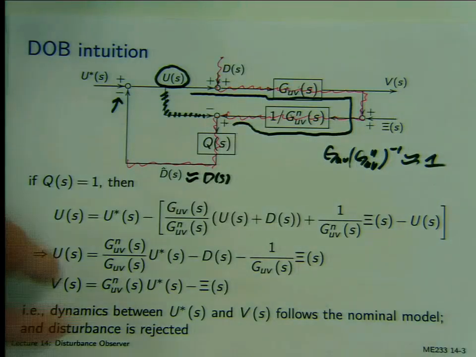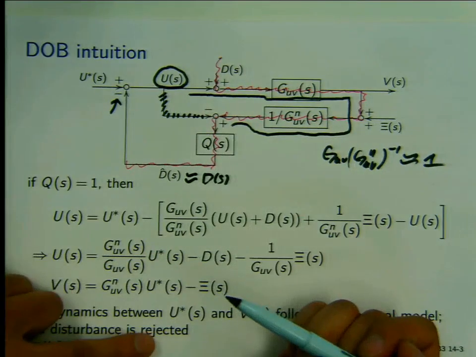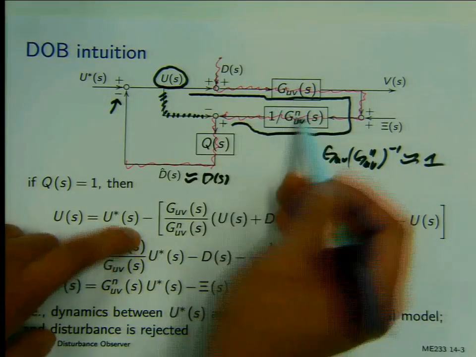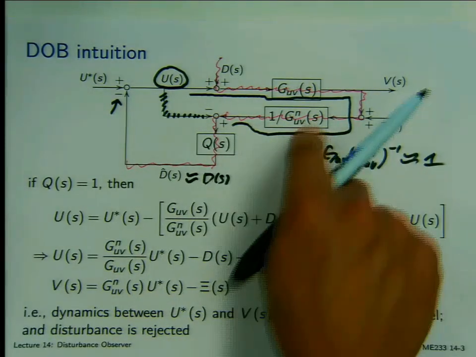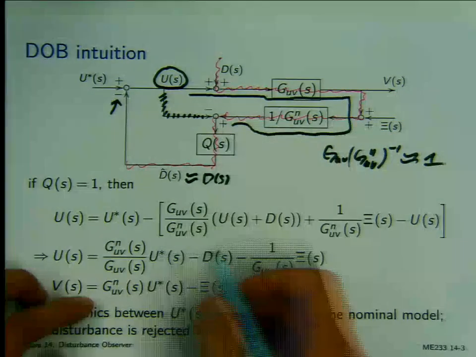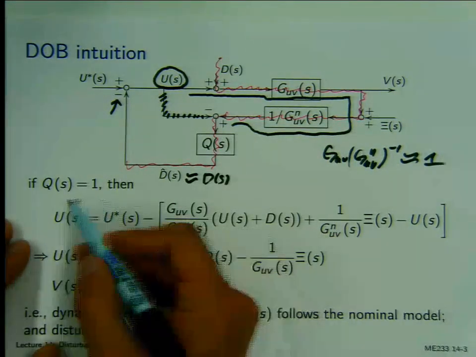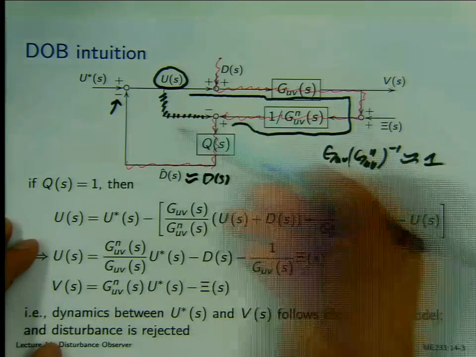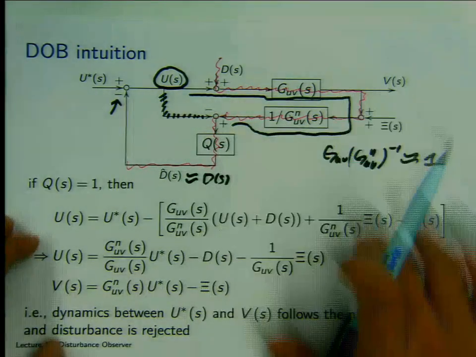Now, what will happen if the system has uncertainties and this nominal model is not characterizing the actual model? From here, you can do some analysis. You can write down the transfer functions between each signal here and then analyze the result.